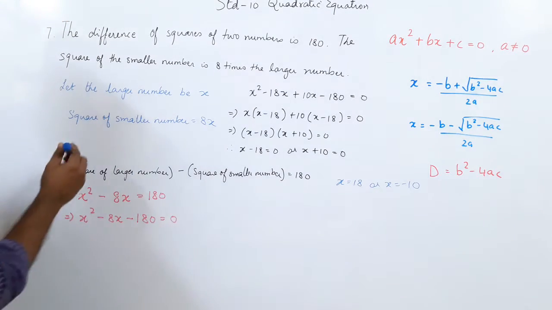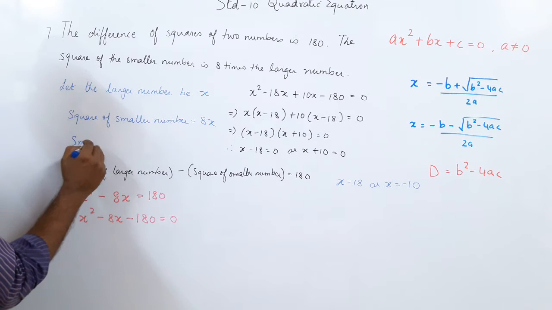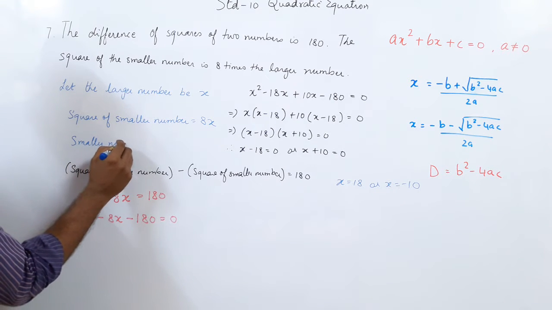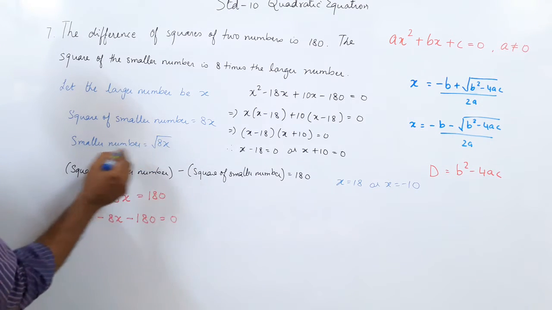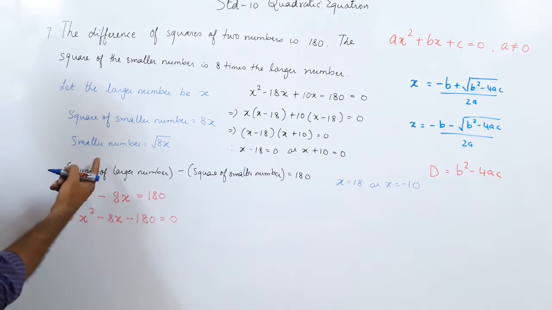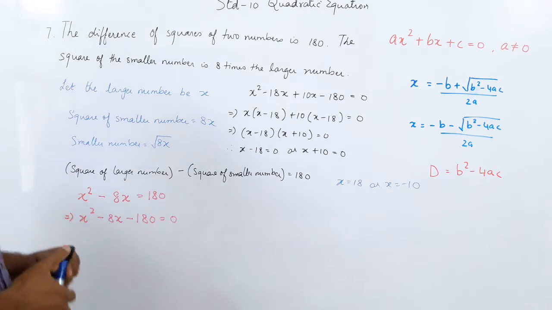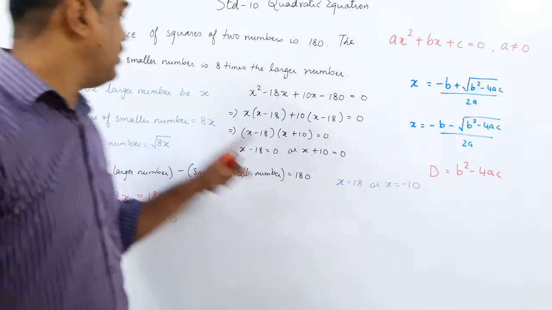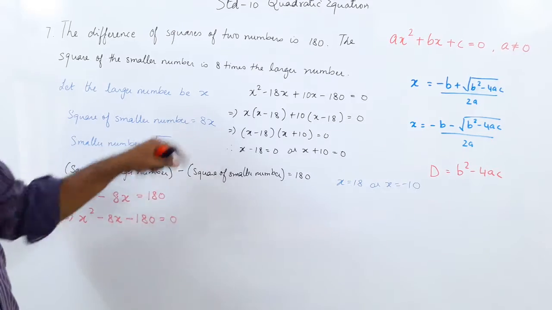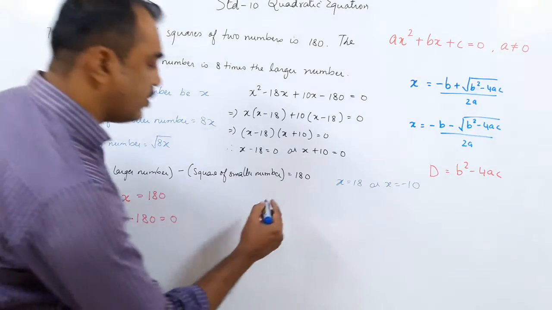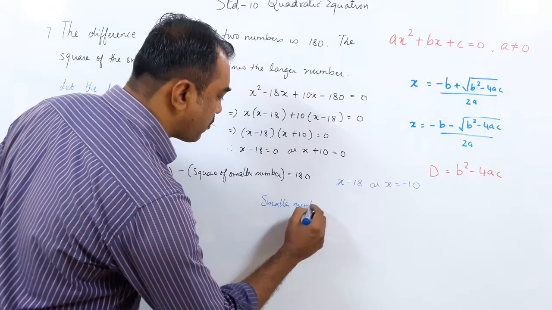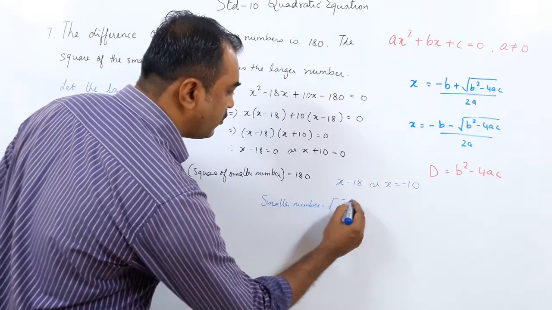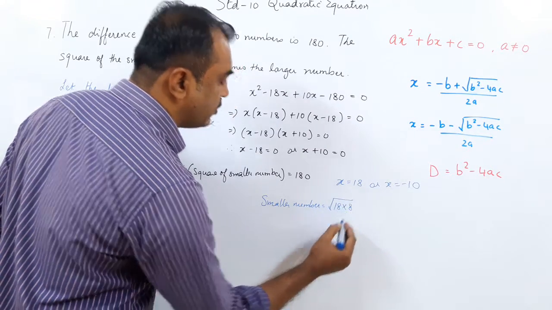Now what I have written here, the smaller number is the square root of 8x. So I got the equation without writing this, but when I want to find the two numbers, I have found the value of x as 18, which means I got the larger number. For the smaller number I have to find what? The smaller number equals under root of 18 into 8.